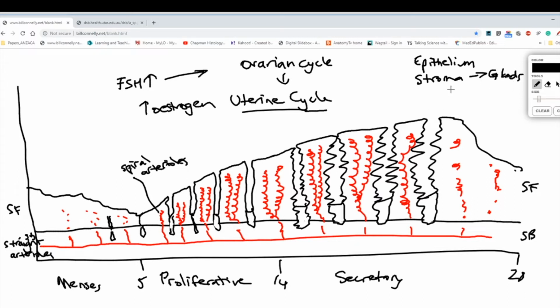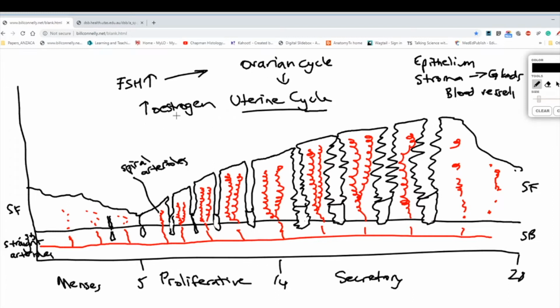That's a G, glands, and of course we've got our blood vessels. So this is all within this endometrium here, the stratum functionalis, the stratum basale. The epithelium that lines these glands eventually regrows out during the proliferative phase, and this is driven by increasing levels of estrogen as FSH is capturing these developing follicles.